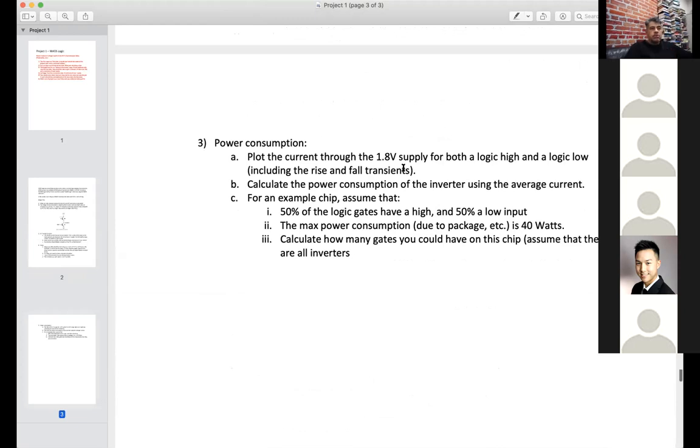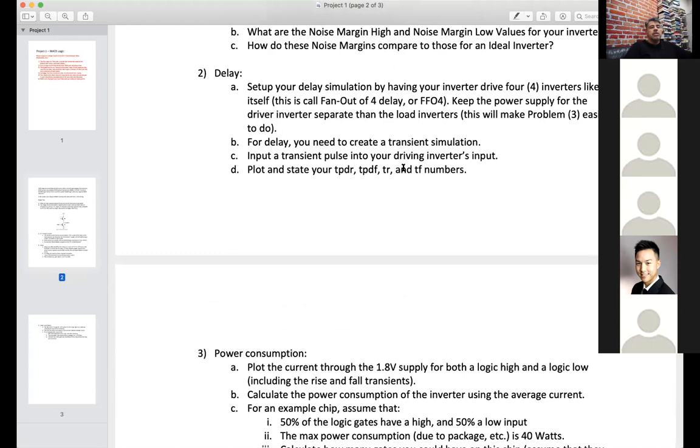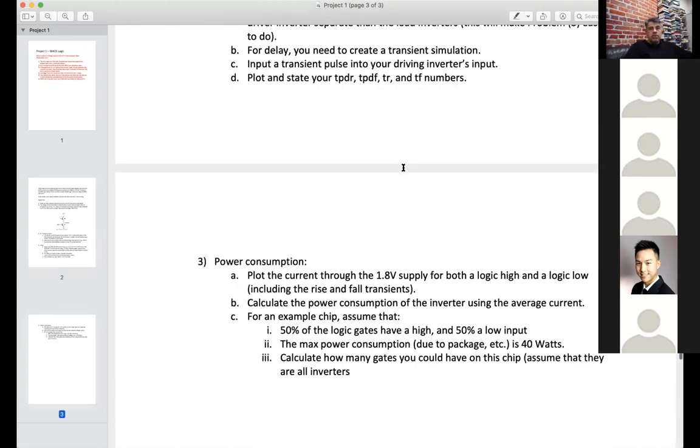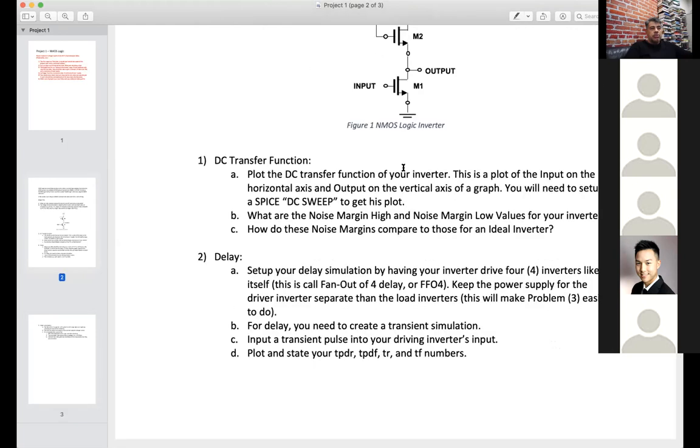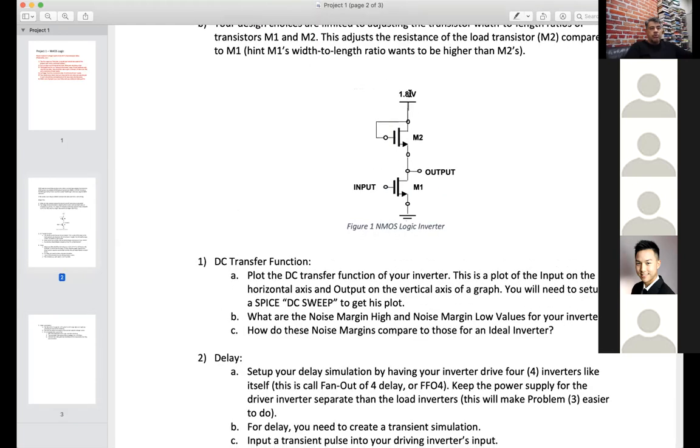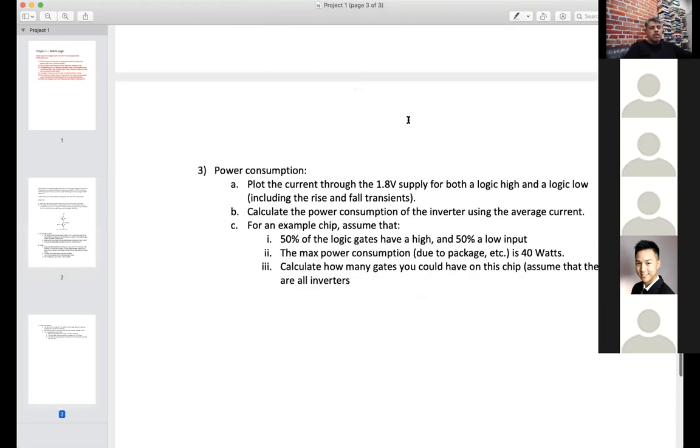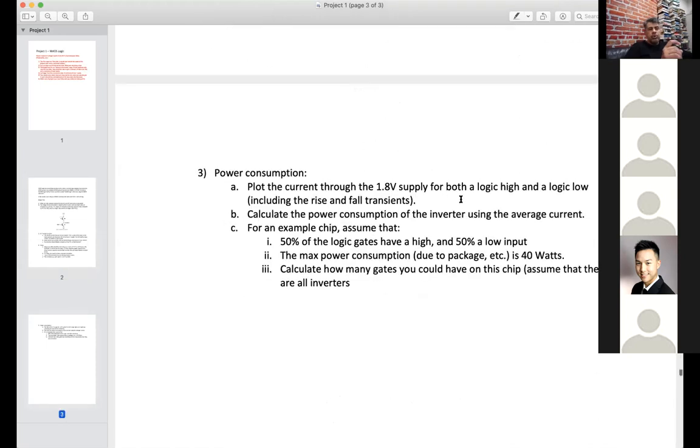Basically what you do with power consumption is fairly easy if you're doing a transient simulation and you have your power supply separated. You just measure the current going through the supply of the first inverter, or you can plot the transient current going through the drain of the inverter. If you've kept the supplies the same, you can do either one. You want to plot it for both a 0 and a 1 output value, and also for the movements between them.